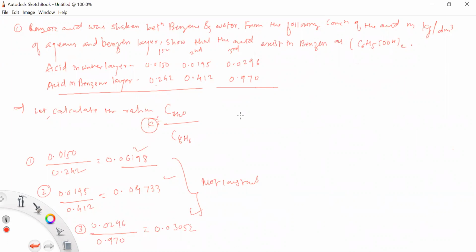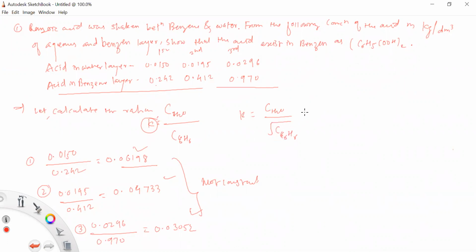So we can find out K, or we can say that let's calculate the ratio of this one, this CH2O upon root of C6H6. आता हा जो आहे फॉर्म्युला, this is the association of your solute in one of the solvents, that is benzene.